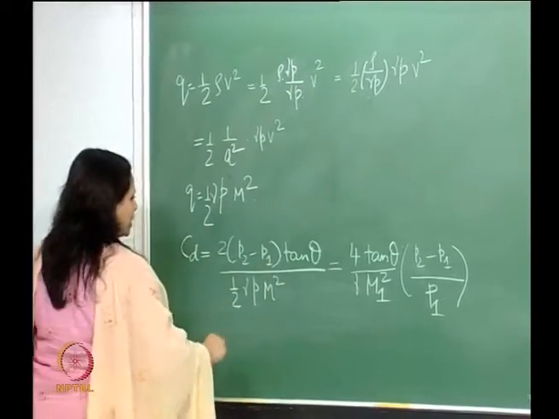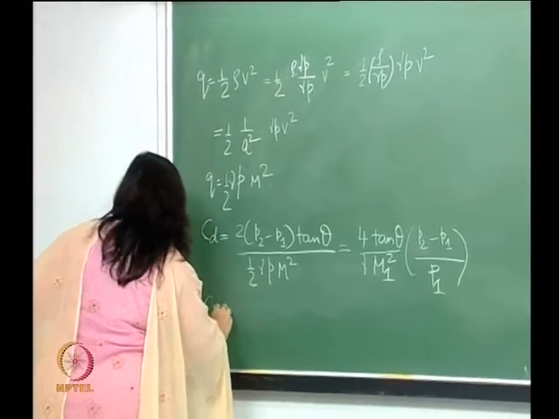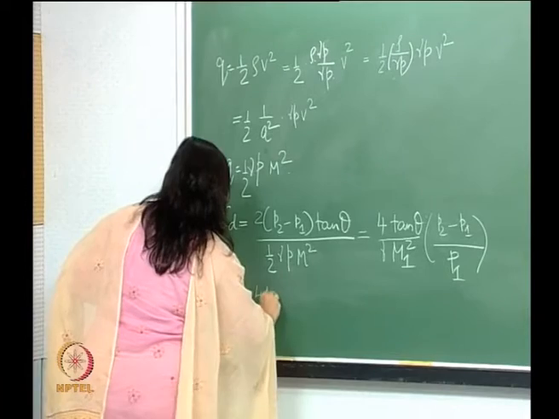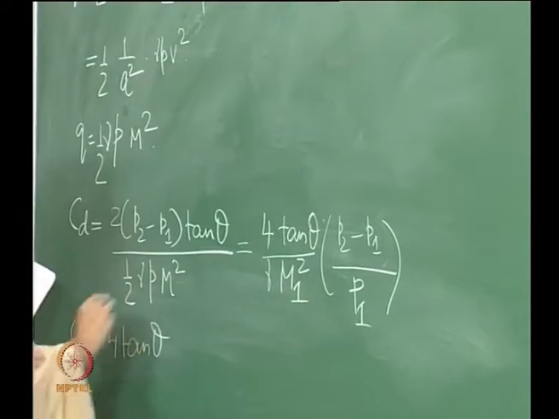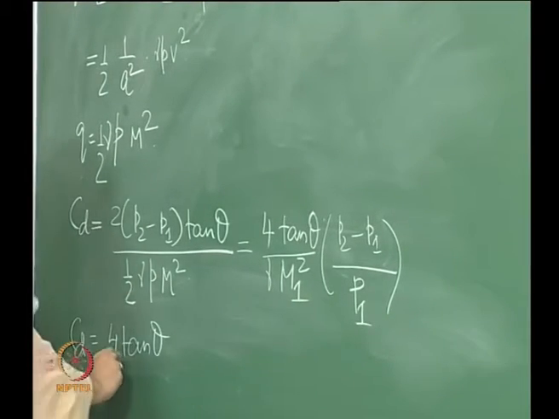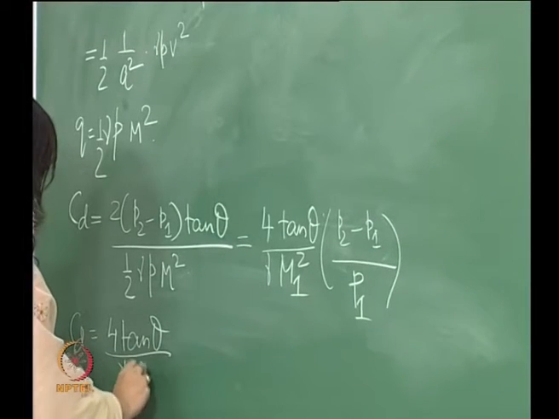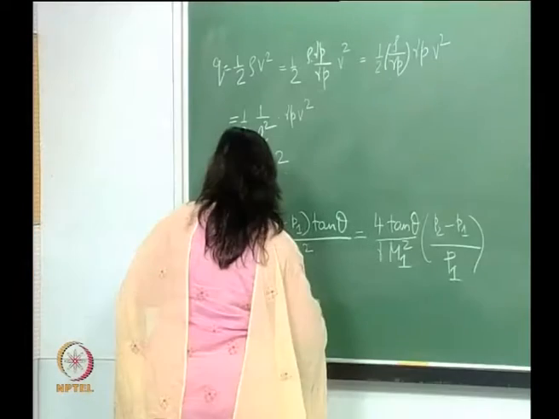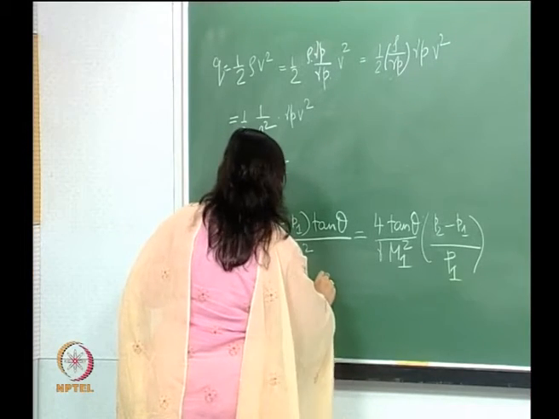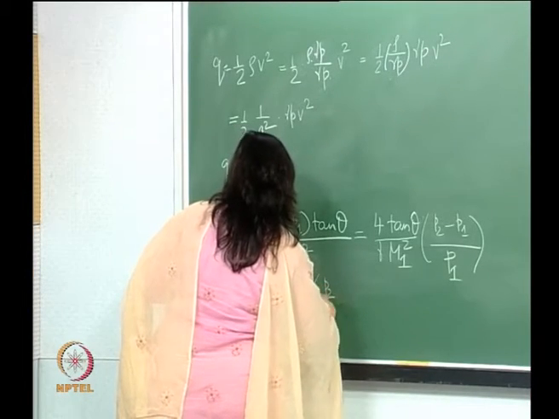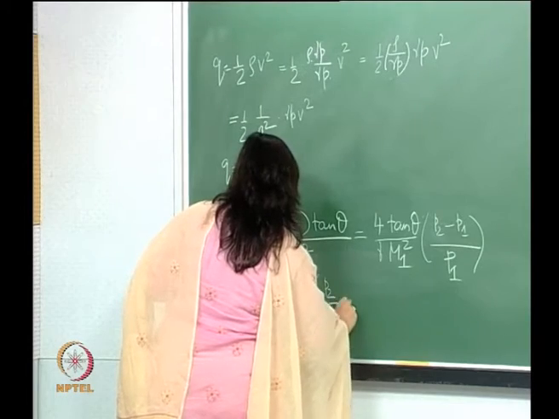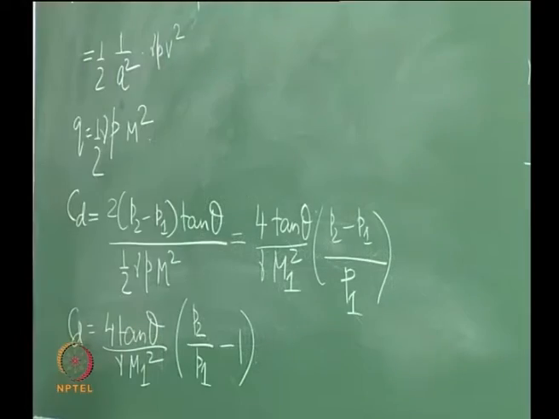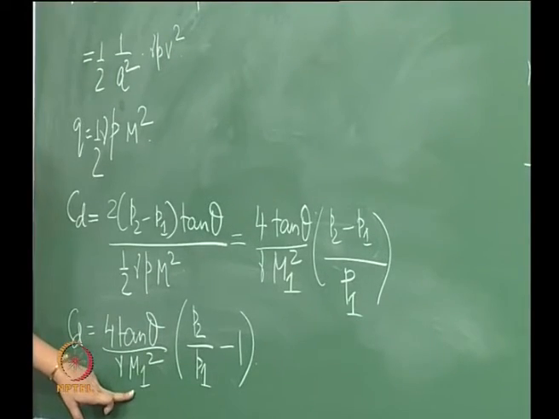So what I will get here, CD comes out to be 4 tan theta by gamma M1 square times P2 by P1 minus 1. So M1 is something that we don't know.